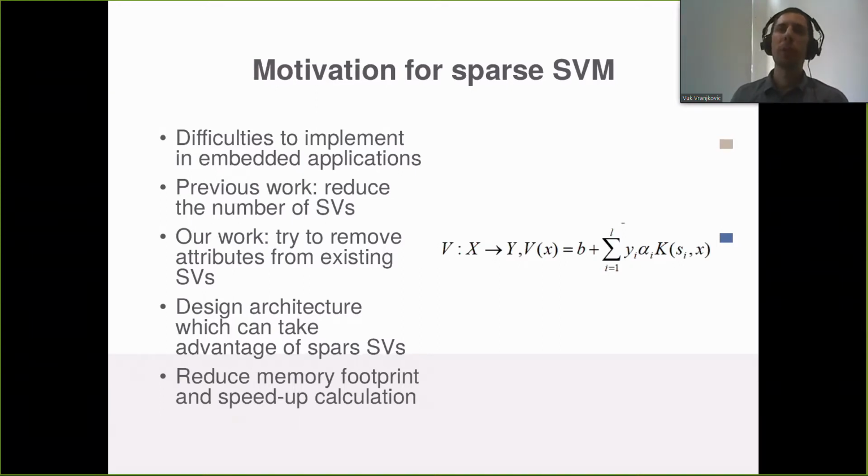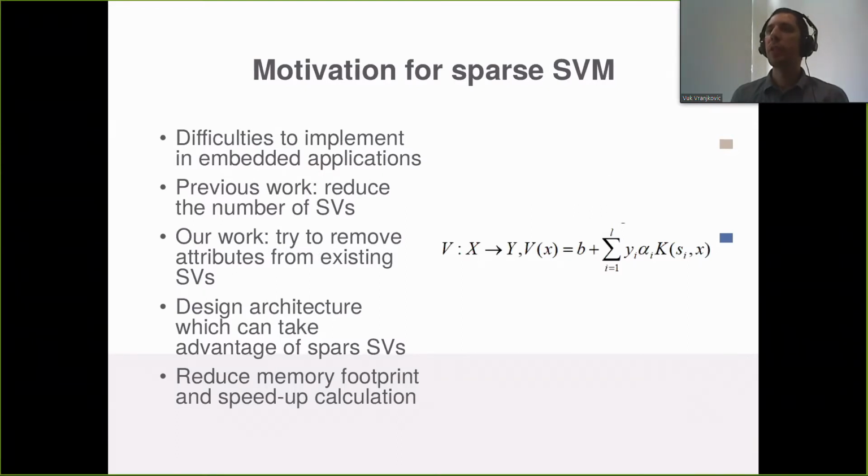In previous work, the main idea was to reduce the number of support vectors so that this sum have as few as possible elements. In this work, we present the orthogonal idea.